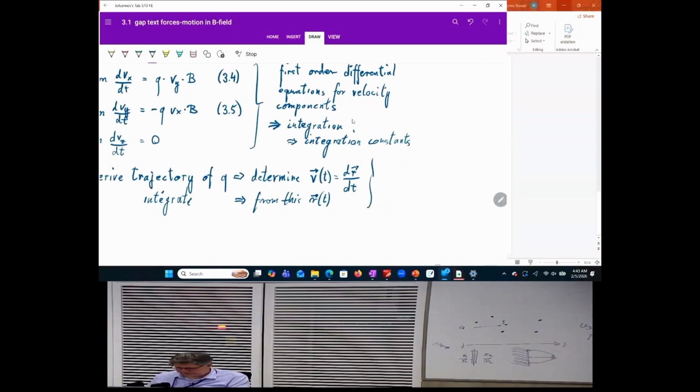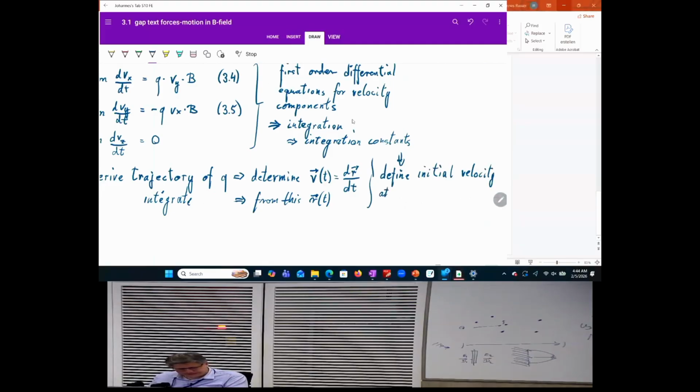So we need to define the initial velocity. This is always the case to solve any differential equation, or for that matter also partial differential equations, but this would be just a differential equation. You need to provide, in this case, the initial starting conditions or boundary conditions.